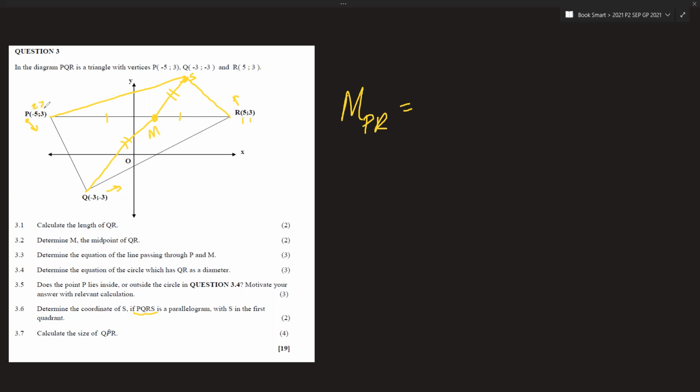So my X is 5 plus X2, which is -5, all over 2, which gives me 0. My Y is 3 plus 3, which gives me 6, and 6 over 2 is going to be 3.